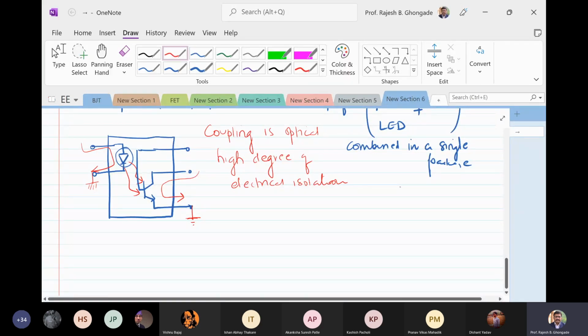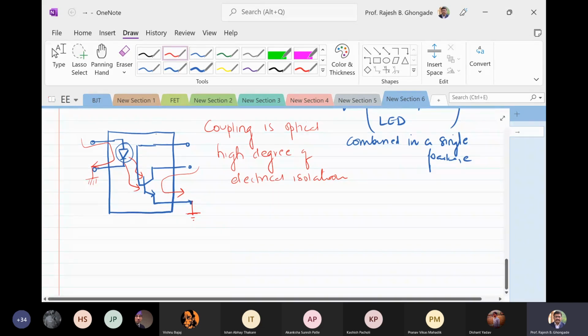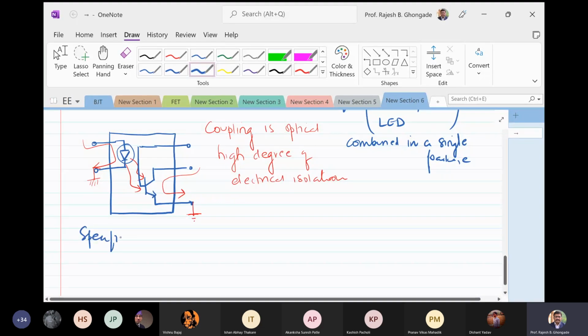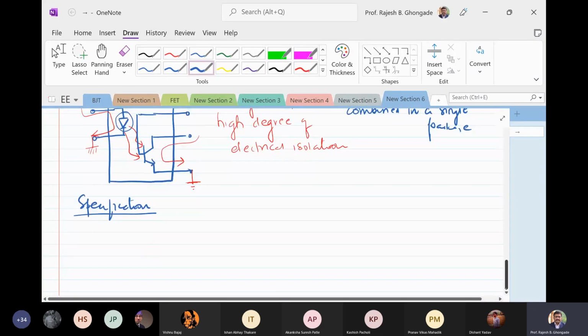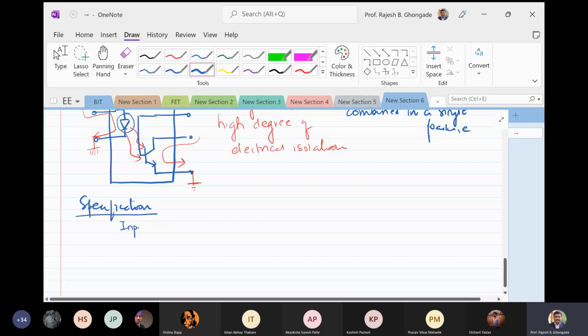Okay, so in our scenario, let us first of all see the specification of this device. You have two different parts: input stage and output stage.